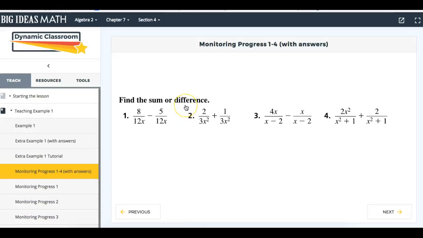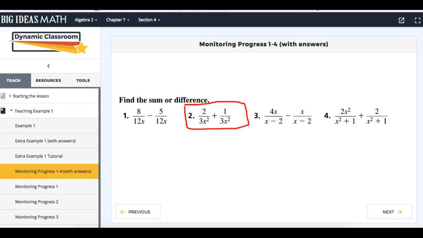If we look at 2 over 3x squared plus 1 over 3x squared, I want you to look at this and also write down your answer in the question box. So question number 2, this is what you're answering right here: 2 over 3x squared plus 1 over 3x squared. Go ahead and answer that in the answer box that pops up.